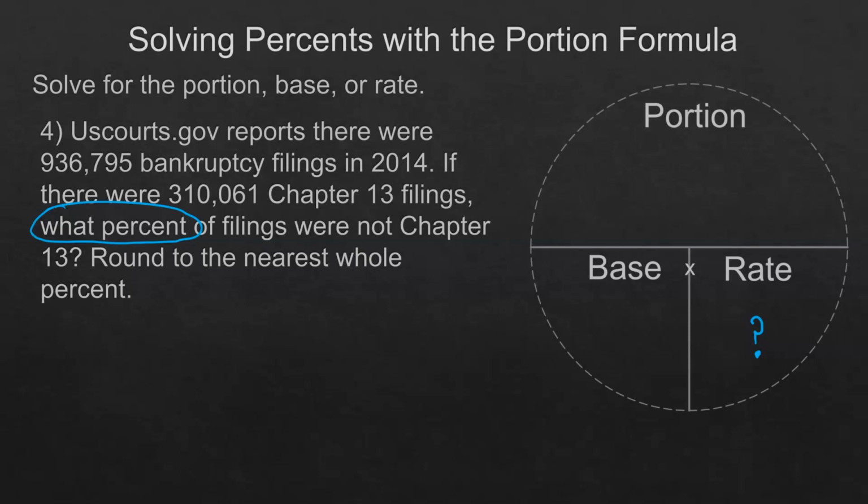And then we also happen to know that there were 936,795 bankruptcies, and so that's going to be our base, right? 936,795. And now we have to figure out the portion.